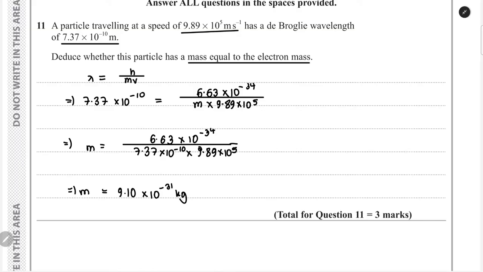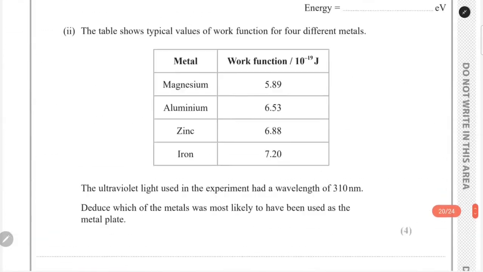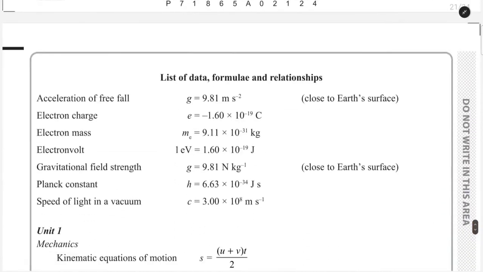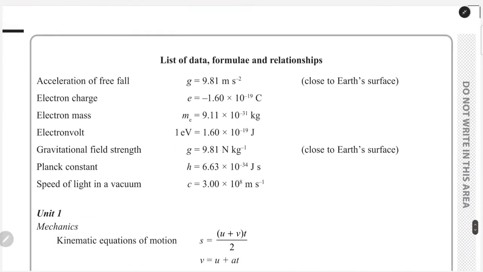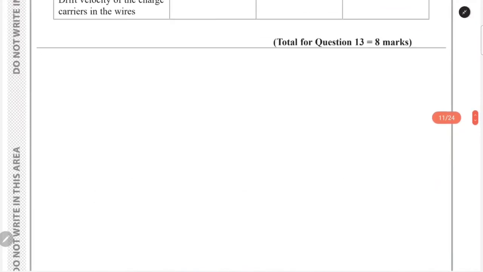Now to compare it, I'll have to go to the last page of our question paper where the mass of an electron is given. Over here the mass of an electron is 9.11 times 10 to the power minus 31. We got our answer to be 9.10 times 10 to the power minus 31 kg. These values are almost the same, so we can say that the statement is correct.